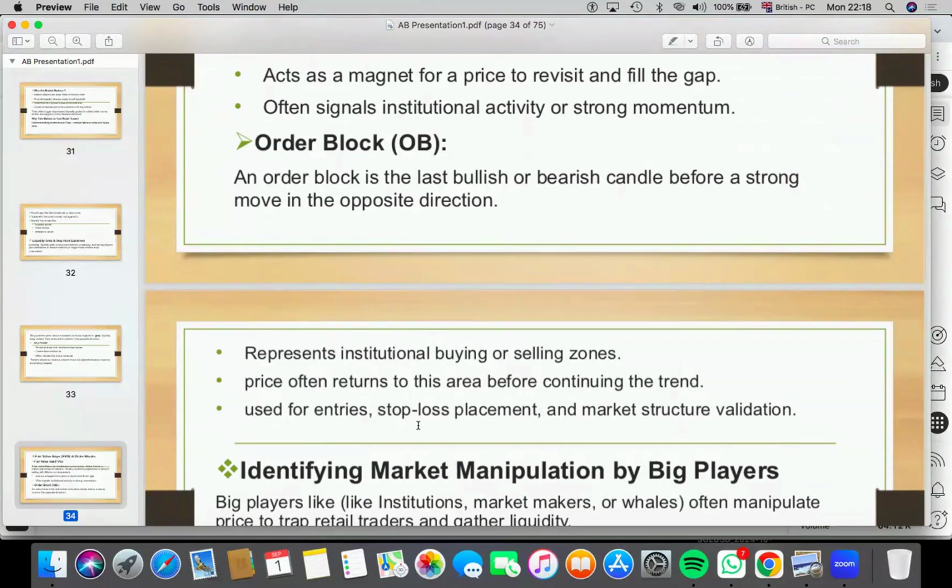It is used for entries, stop loss placement, and market structure validation. So these order blocks are buying and selling zones for institutions where prices are being placed. These are like limit orders that the institution left untapped, so they push markets in their desired direction by manipulating price.